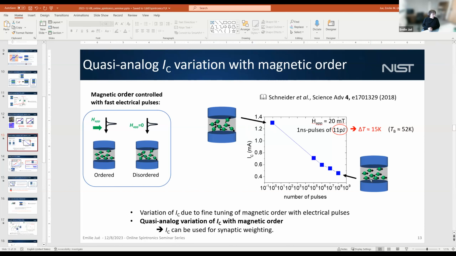Additionally, we haven't had a good curve yet, so we need to work on our new devices, but we've seen that we should be able to reverse the process by applying pulses.